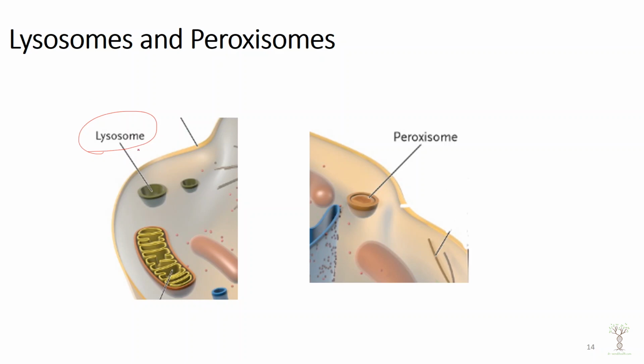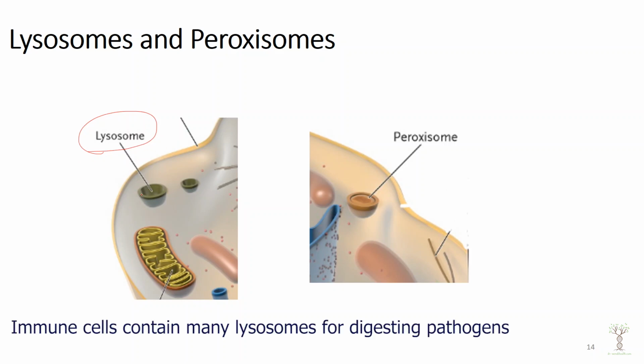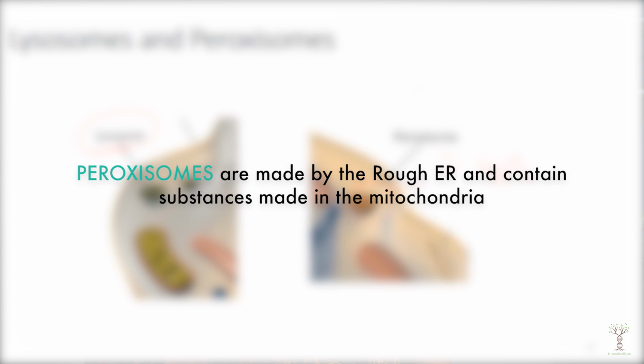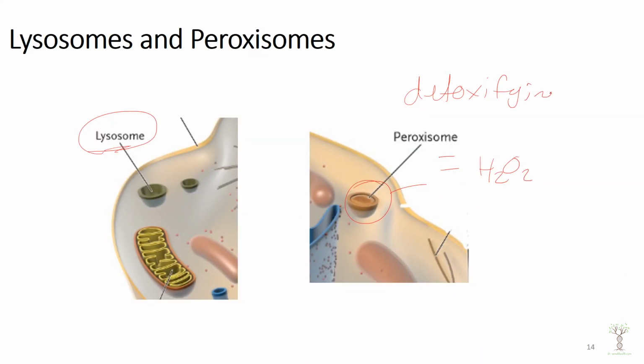Lysosomes are kind of like the digestive system of the cell. They contain enzymes and they break down macromolecules. There's another organelle that also kind of just looks like a vesicle. These aren't made by the Golgi. These contain enzymes as well, but also they produce things like hydrogen peroxide, and they play a role in detoxifying different substances.